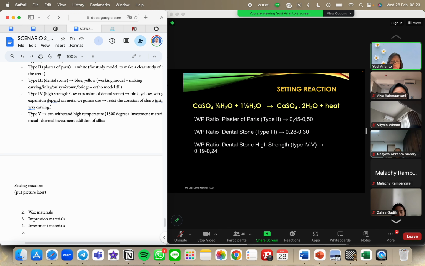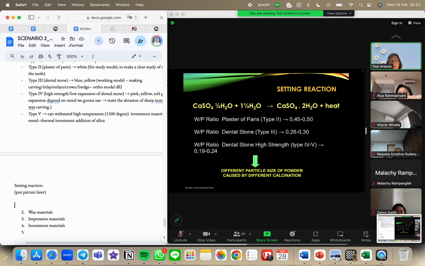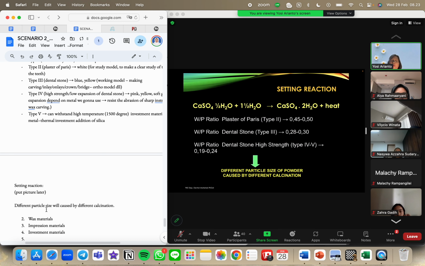Different particle sizes of the powder will cause different calcination and also different water powder ratios. Usually the less water we use is because the particle size is smaller.